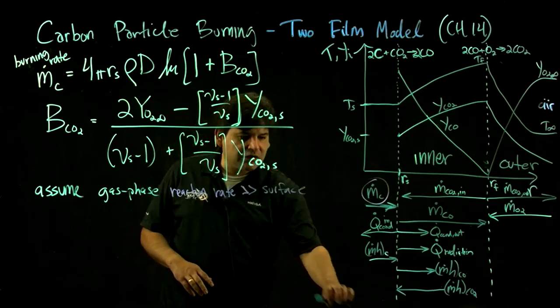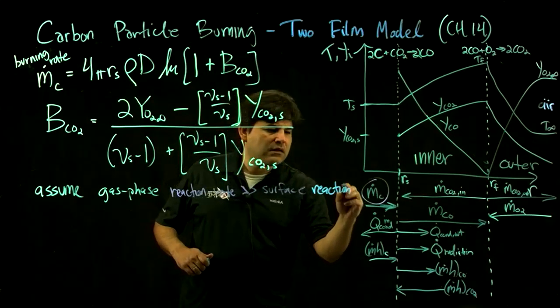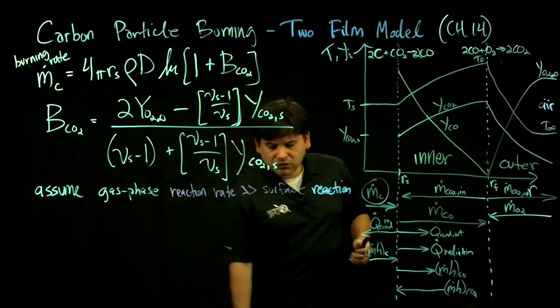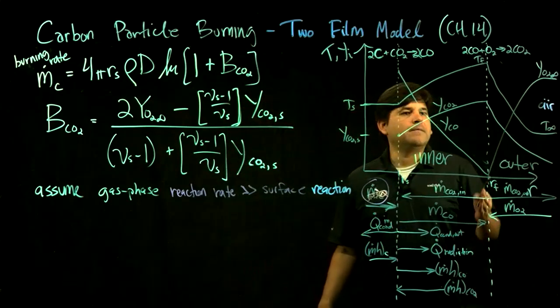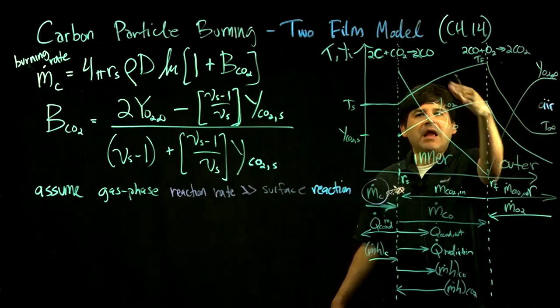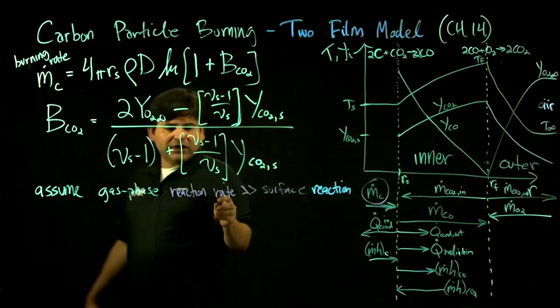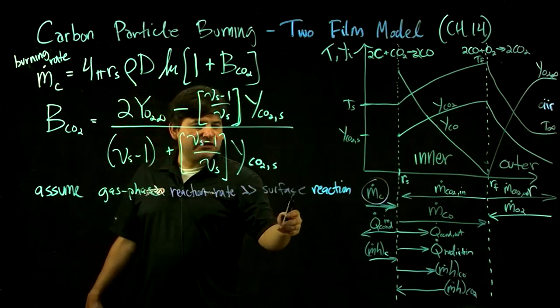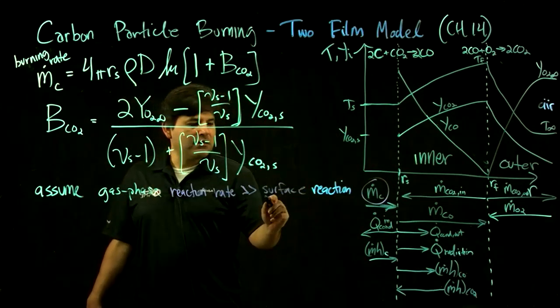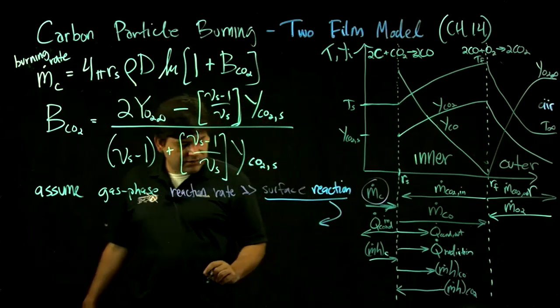So that means it's only the diffusion that limits this. Once it reaches there, it's going to convert. And this is the slower step, this is the bottleneck. So if the gas phase reaction rate is much faster, then this is the only one we have to analyze.